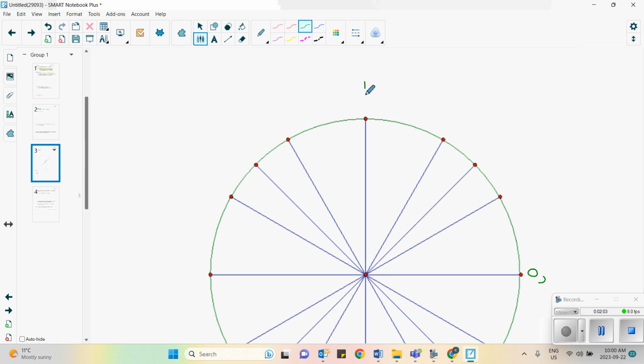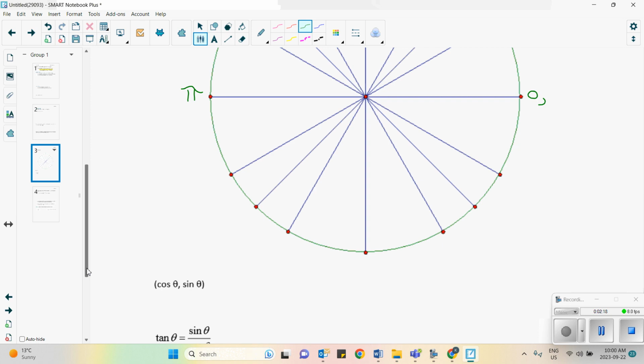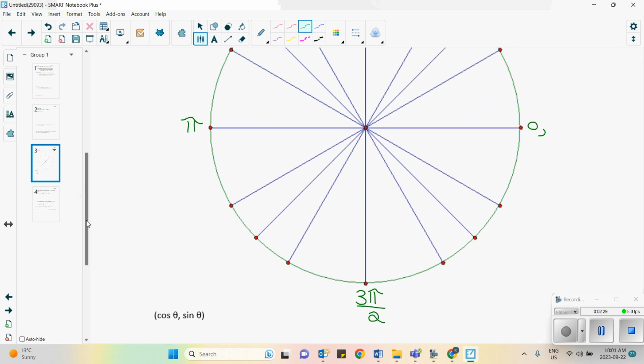Pi over 2. And at pi, or I mean 180. Sorry, I ruined the fun for that one. What about at 270? 3 pi over 2. And then when you come back all the way around, you've gone 360 degrees, 2 pi.